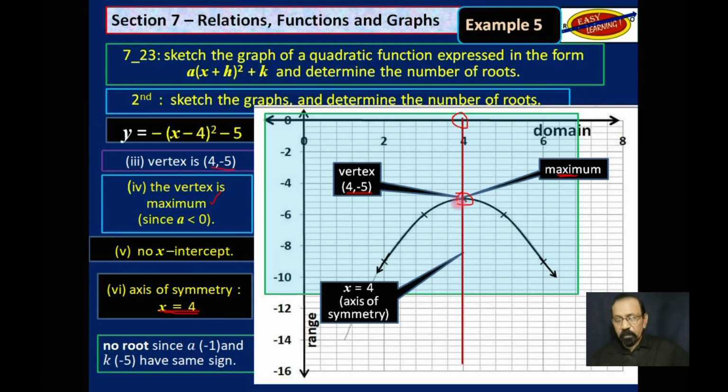And so for this, with the 1 point only that we have, the vertex, we had to get at least 1 or 2 more points on the left of that axis of symmetry, calculated, and then at least 1 or 2 more points on the right of that axis of symmetry. So that will be our sketch of this equation, given in that format.